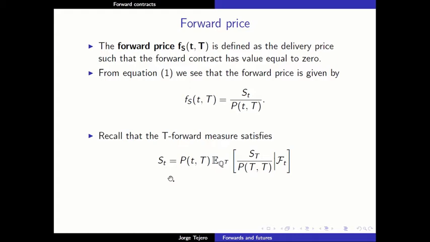If we use this equation to rewrite the forward price, what we get is that the forward price is nothing but the expected value of the asset at the maturity of the contract under the T forward measure. This is the forward price, the price that is going to make the forward contract have 0 value at time little t.